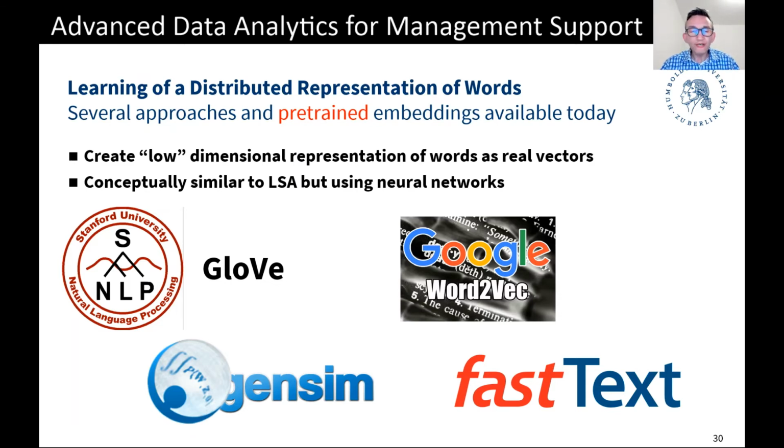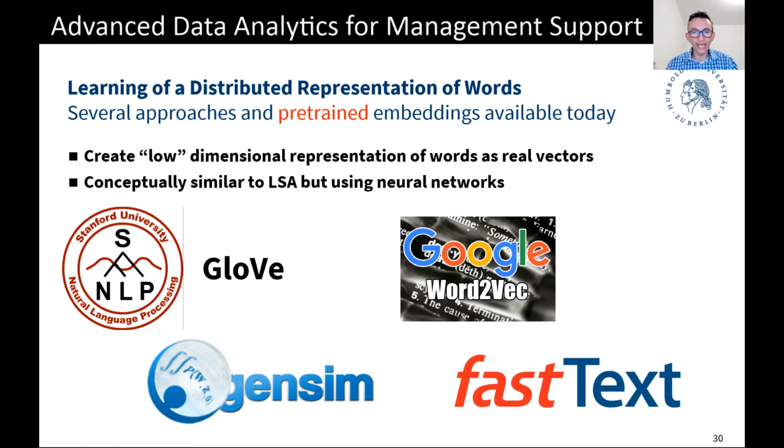And conceptually, you could identify some similarities to LSA, but we organize the calculations using neural networks, which we train on large corpora. And what comes out are these embedding vectors, which basically equate a word to a bunch of numbers.